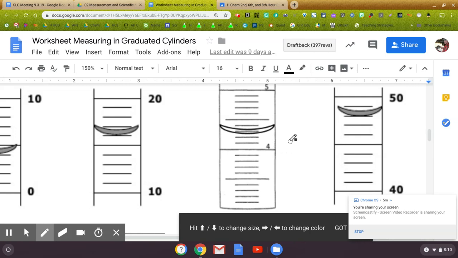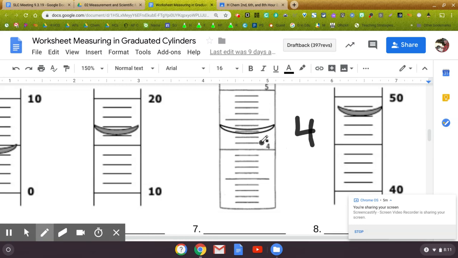So that's going to be a better measurement. But in this case, here's our 4. So we know for sure we're at 4 because there's a line that says that, and our meniscus falls between the 4 and the 5. So here's the point 1, here's the point 2, here's the point 3. And since my number falls between 4.2 and 4.3, this is 4.2 for sure. There's no question about that. You can't argue that. And then as far as what that number is, this looks like it's definitely past half.